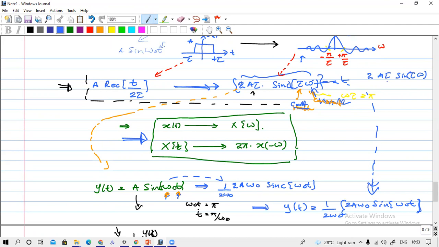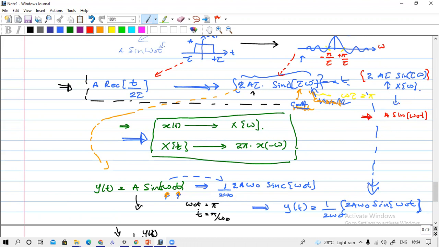This is our sinc function, and it is in the omega domain. Now we want to evaluate a sinc omega naught t. So this is the known signal, and this is the signal we have to evaluate.